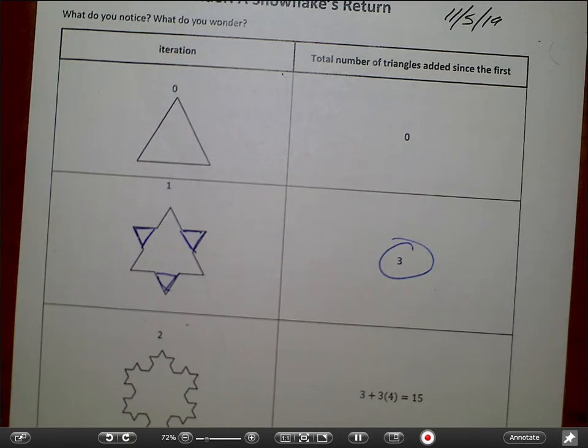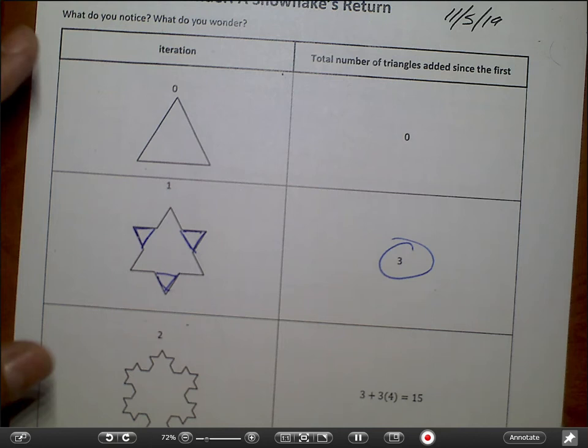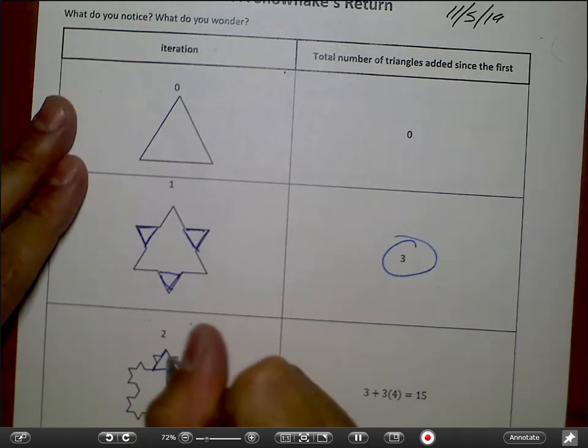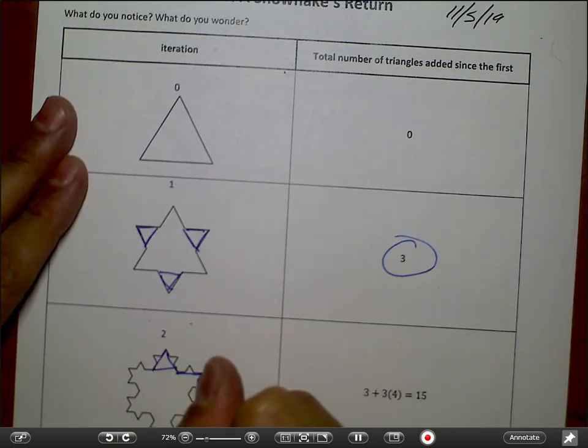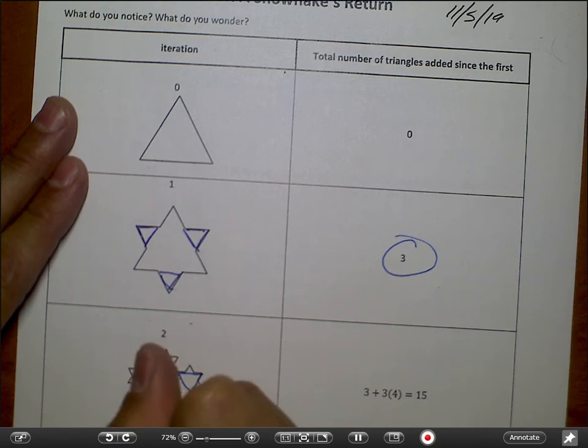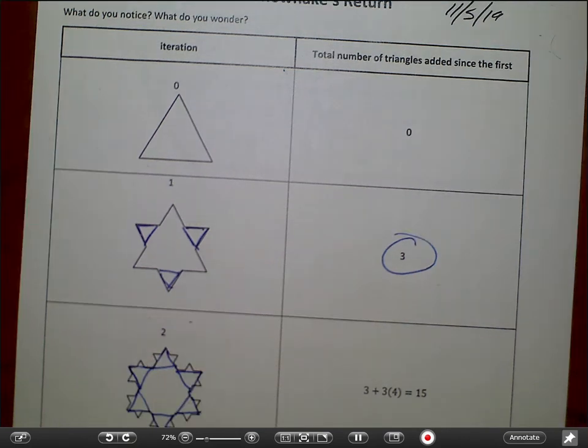Now when I do this again, I will have those same triangles, which are over here in blue, but I'm also adding another triangle to every single one of the sides. So it's going to look like this.